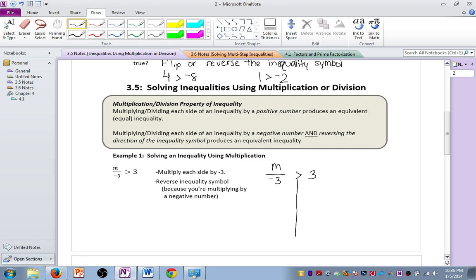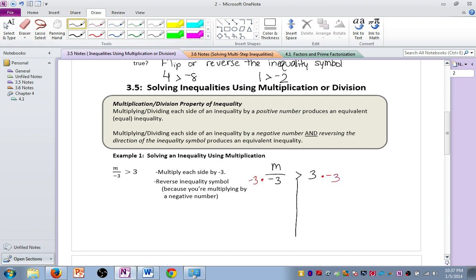Now here I gave you the steps of what you need to do. Remember, the same goal is to isolate the variable. In order for us to isolate the variable, we need to get rid of the number that is on the same side. Well, if this is showing divide by -3, we want to do the inverse operation, which is multiply by -3. And then what we do to one side, we want to do to the other side.